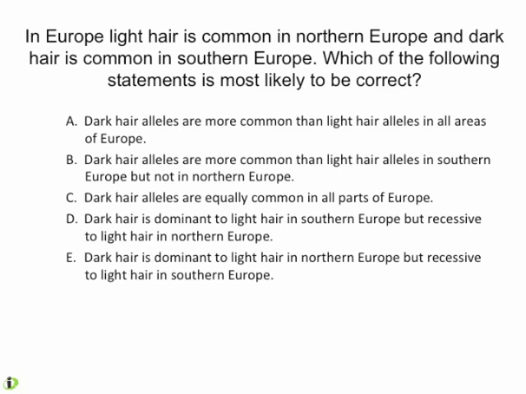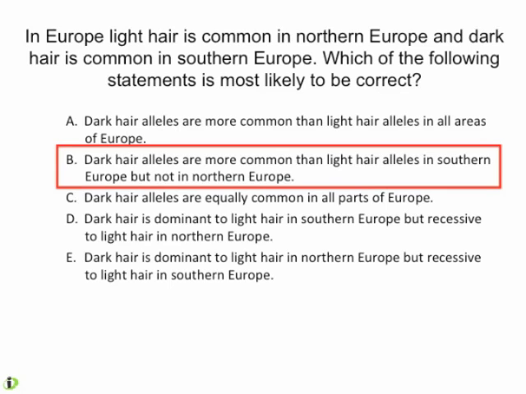So that's really all you know. These ones were tricky. They threw you off because it played on your desire to use the word dominant as common. Dominant does not equal common. So dark hair alleles are more common than light hair alleles in Southern Europe, but not in Northern Europe. That would be the right answer. Only a few of you got it, but I deliberately tried to throw you off here. So be careful. Dominant does not mean common.